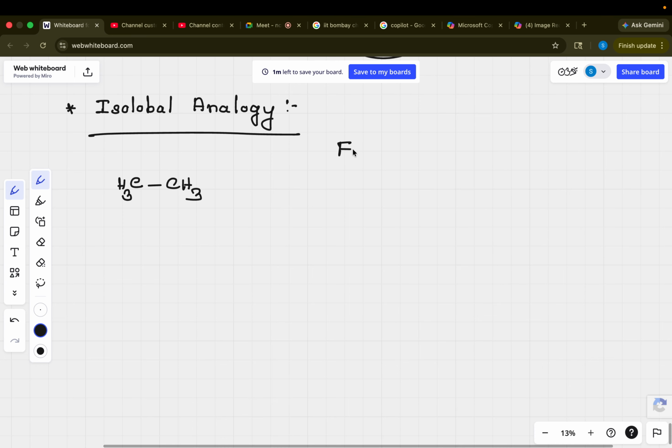Now write down here, these side fragments. If I break this molecule, what will you get? CH3 dot. Homolytic cleavage we will do. So we are getting CH3 dot.